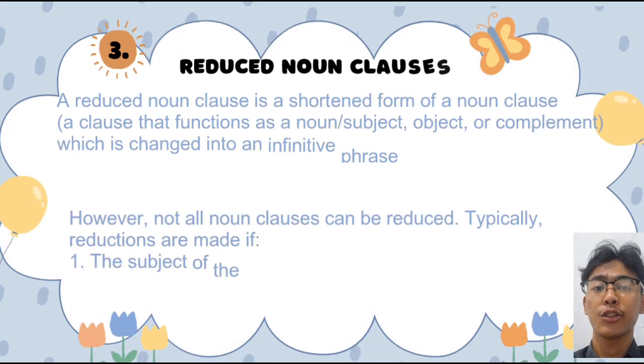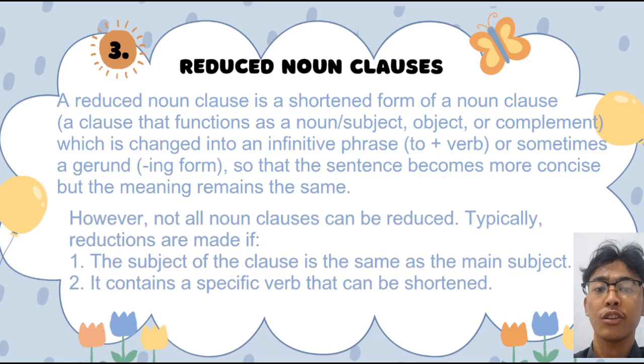Number 3. Reduced noun clause. A reduced noun clause is a shortened form of a noun clause. A clause that functions as a noun, subject, object, or complement, which is changed into an infinitive or to plus verb, or sometimes a gerund, the -ing form, so that the sentence becomes more concise, but the meaning remains the same.